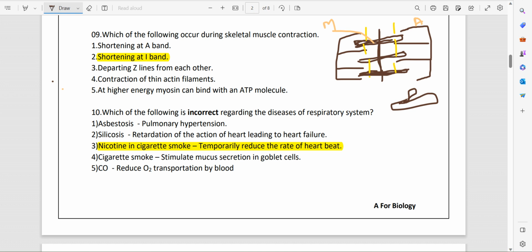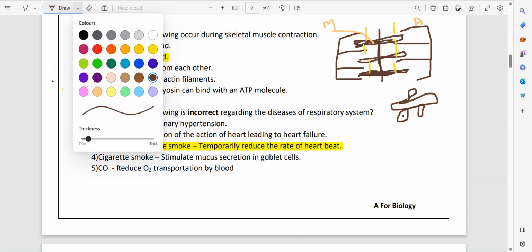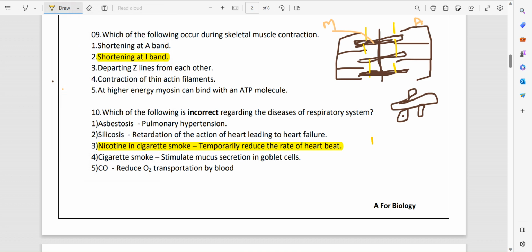They can bind together because it has a site for that. And when we take myosin again, the head of myosin also has a space to locate or bind with an ATP molecule. So those are the important stuff that you have to remember.